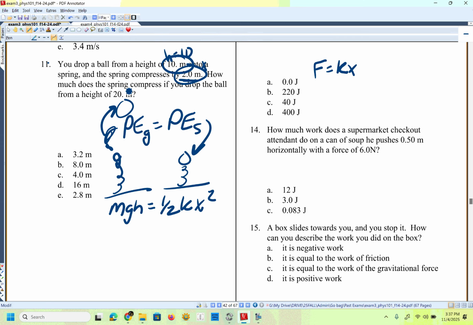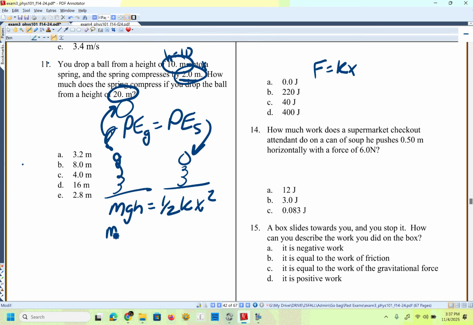And then I want to know, what if I drop it from a height of 20 meters? By how much does it compress? Let's just go with the first one. I have m times g times 10 equals 1/2 of k times, no, that's not the right way. Let's look at it this way. You can probably tell since I haven't worked this problem in a while that it's probably not going to be on the exam, by the way. But let's just look at it.